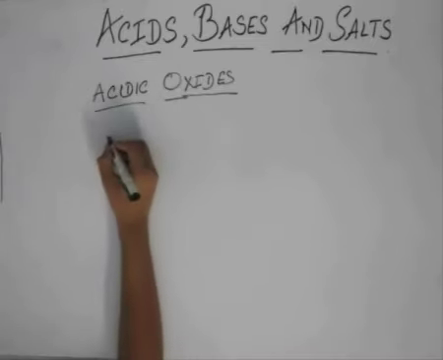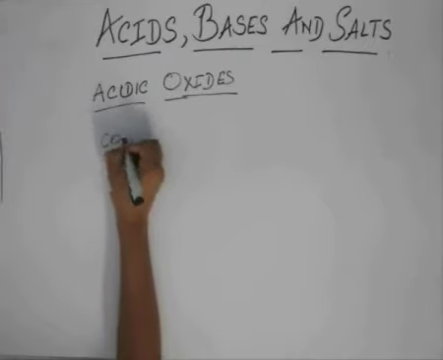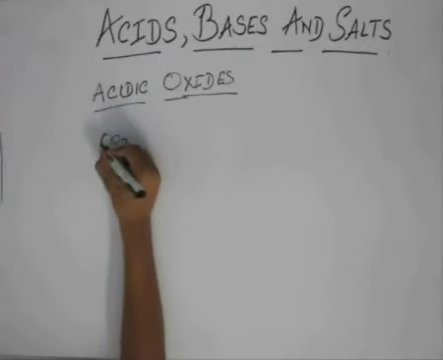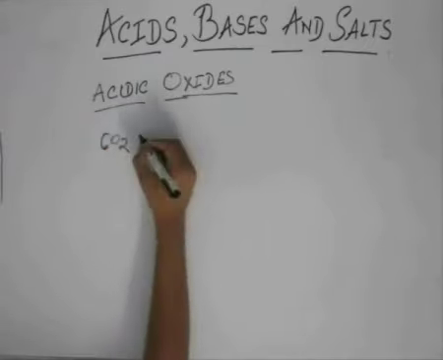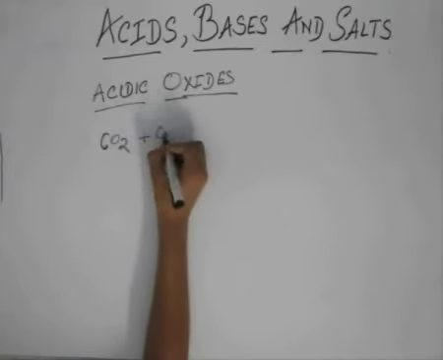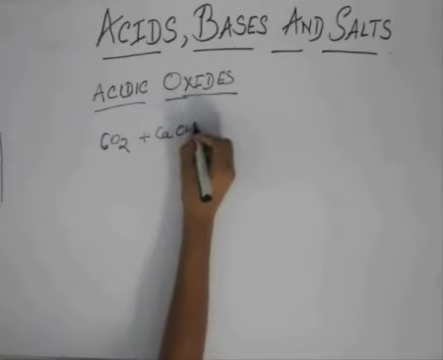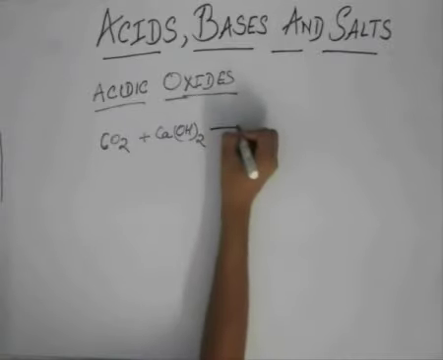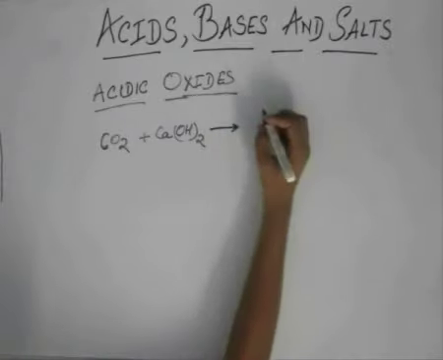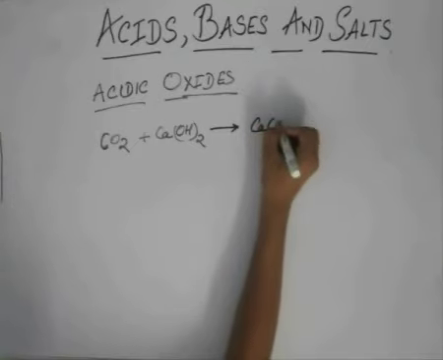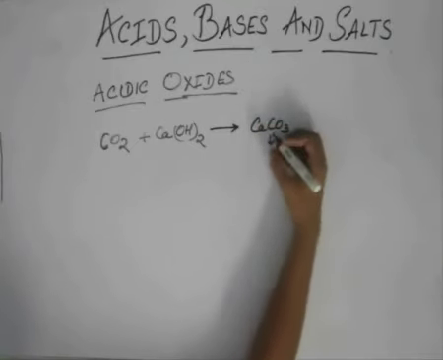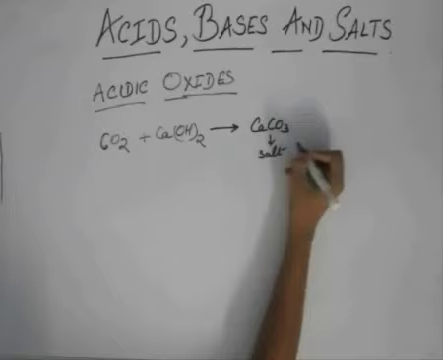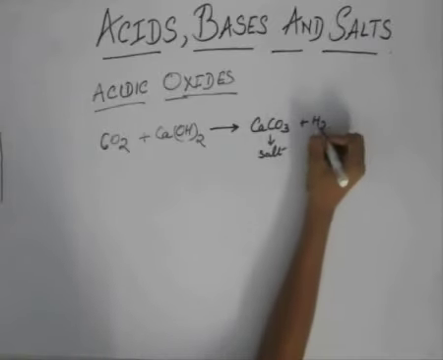Like you have an acidic oxide CO2. Carbon dioxide is an acidic oxide. You see, we have already seen that CO2 reacts with a base. Ca(OH)2 is a base, so it will react with this base to give CaCO3, which is a salt, and water.